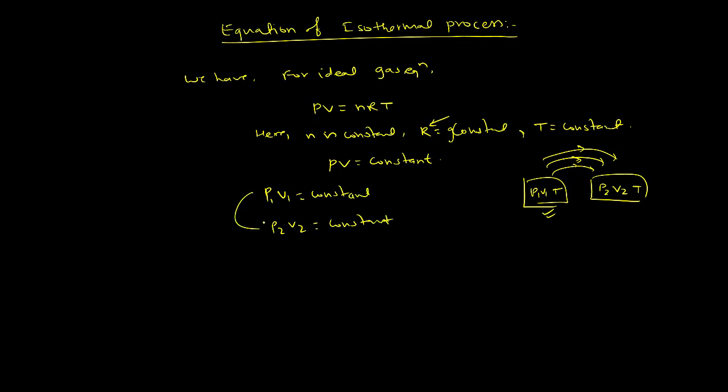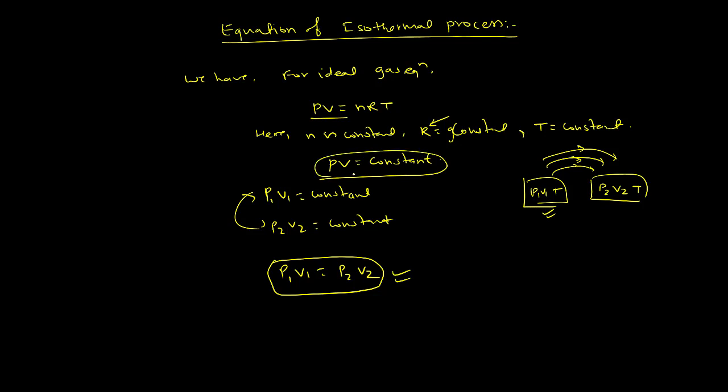So from these two equations, we can say that P1 V1 is equal to P2 V2. This is the generalized equation for the isothermal process. One equation is PV equal to constant; the generalized equation is P1 V1 equal to P2 V2, which is also the equation of isothermal process.